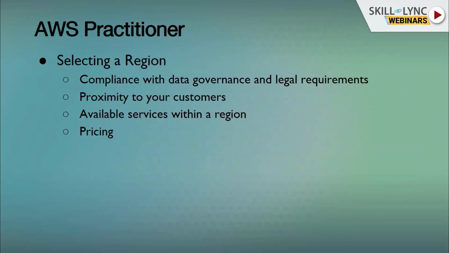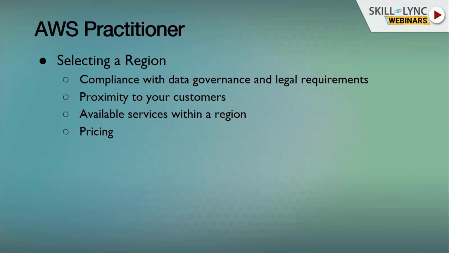We discussed regions already. There are regions across the world, and usually as an architect, we have to decide where our data should be present, whether in the US, India or Europe. We decide based on our application functionality and governance model.